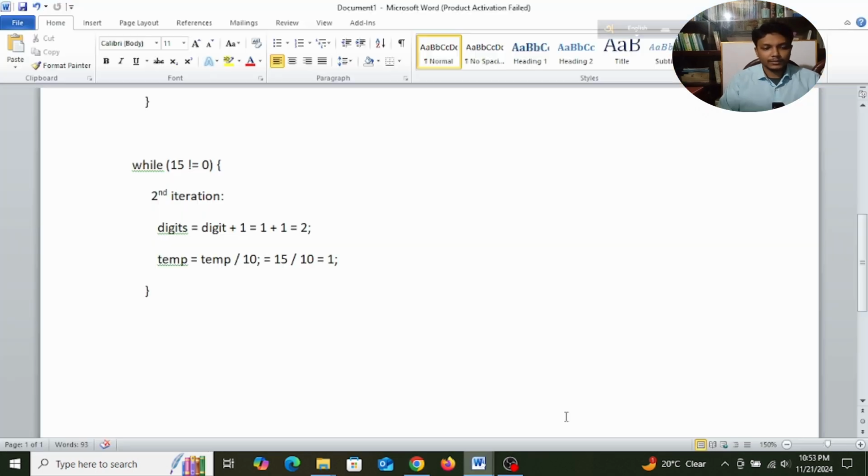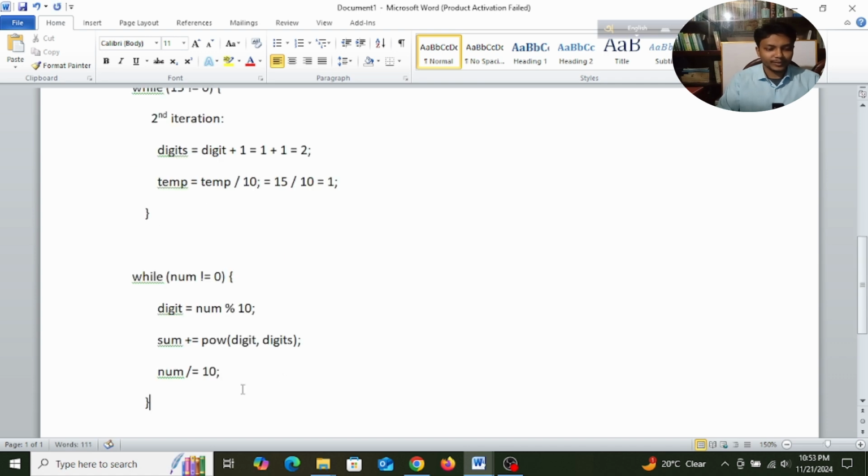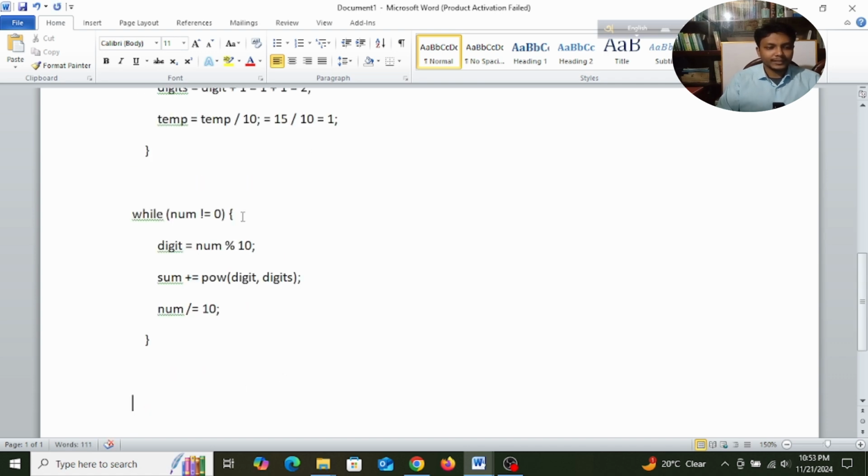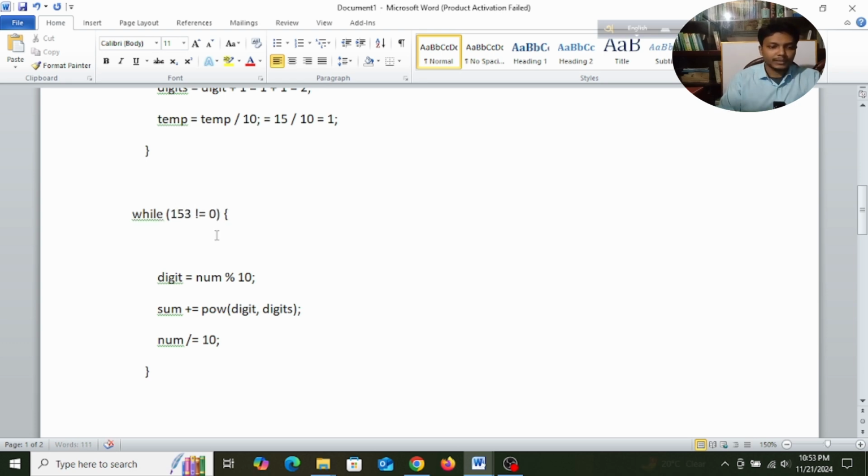If we make a post-mortem of this loop, our number is 153, right? 153 not equal to 0 is true, so we have our first iteration, guys. Here digit is number modulus 10, right? So 153 modulus 10, we get 3. So 3 is our first digit.